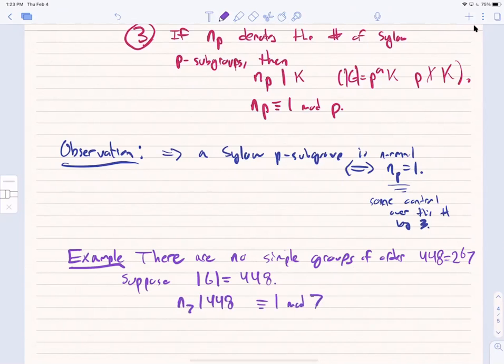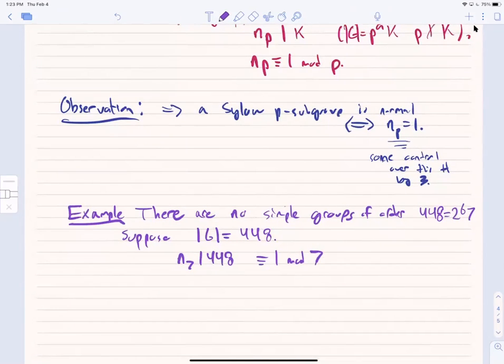Actually it divides 2 to the 6, and it's congruent to 1 mod 7. So n_7 could be 1. That would be good, because if we could conclude that n_7 had to be 1, then we'd know there was a normal subgroup. As soon as you show one of these n_p is equal to 1, that Sylow subgroup is a normal subgroup, because there's just one Sylow subgroup.